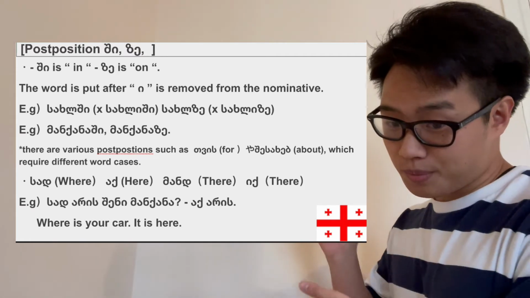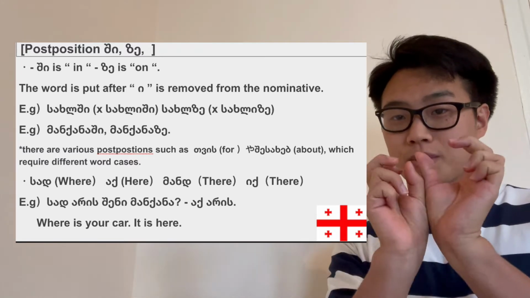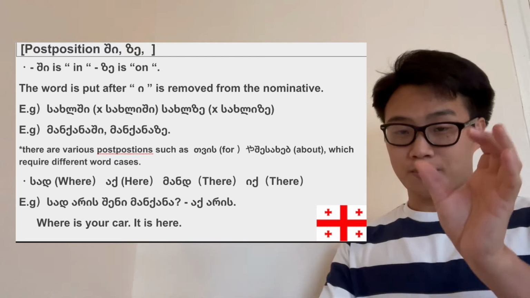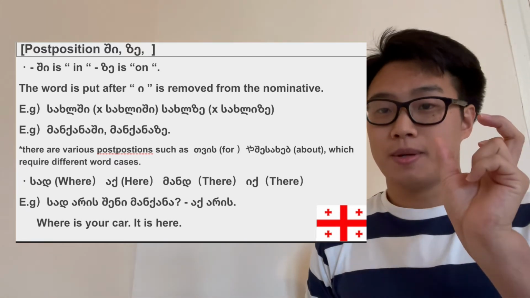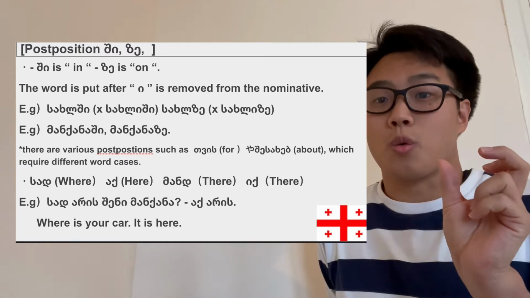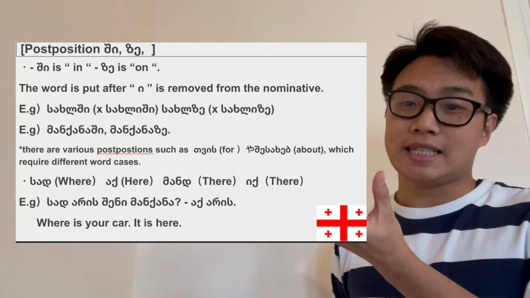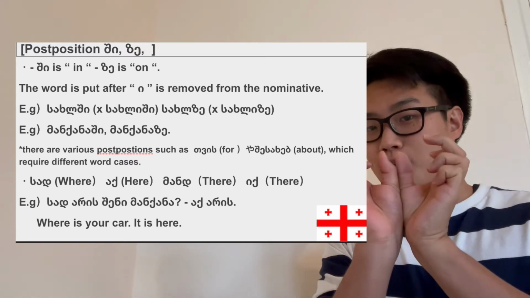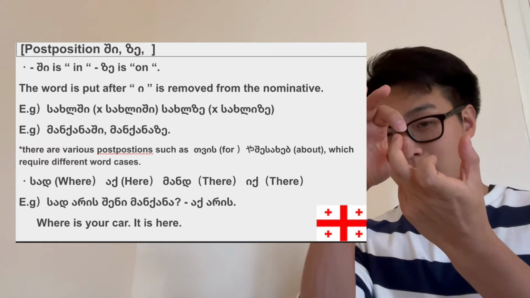For example, here, it's combined together, right? But we have to pay attention to the word separately. It's a house. It means a house or a home in English, right? The nominative case here ends with i. That's why we have to remove this i, and then we can combine them together. Let's get rid of this i.